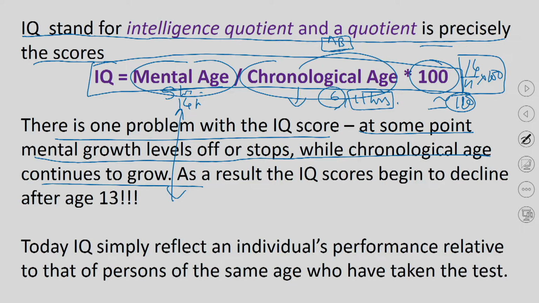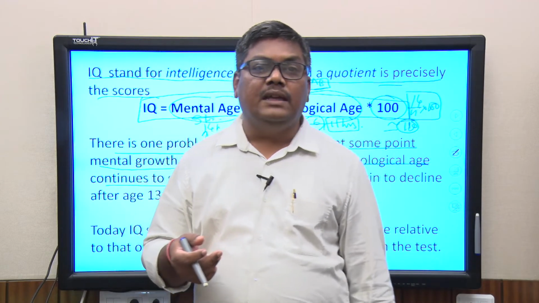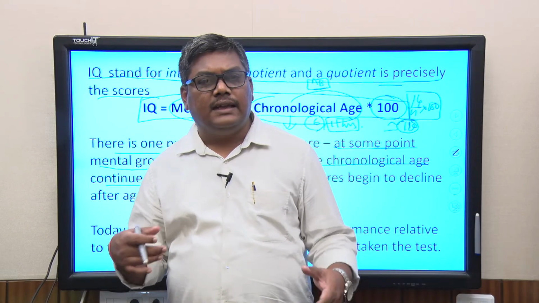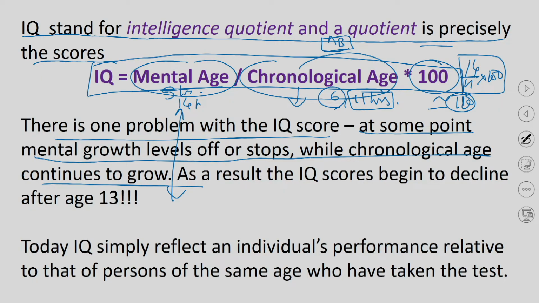In the strictest sense, mental age should mean how many new neurons the brain is developing, because that signifies the concept of mental age. As a result, IQ scores began to decline after age 13, because there are no new neurons growing, and so mental age cannot go higher, and it gets fixated after 13 years of age.